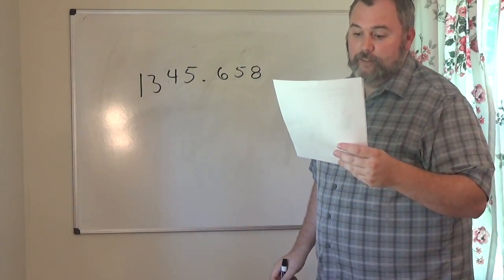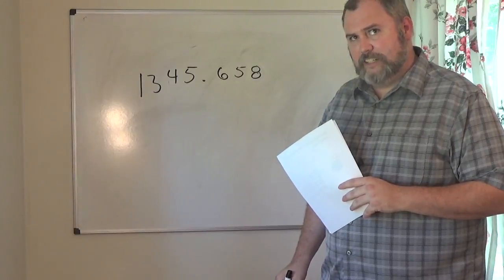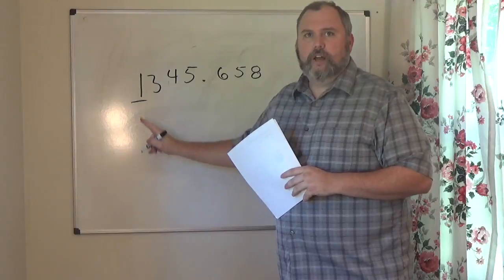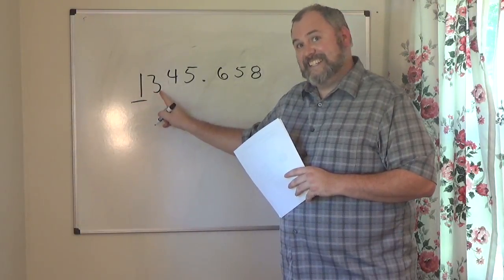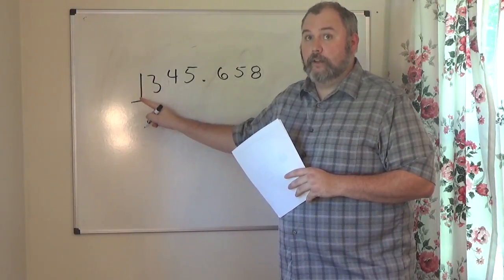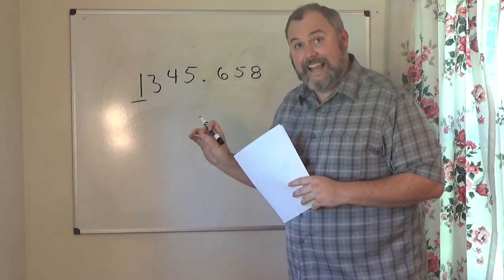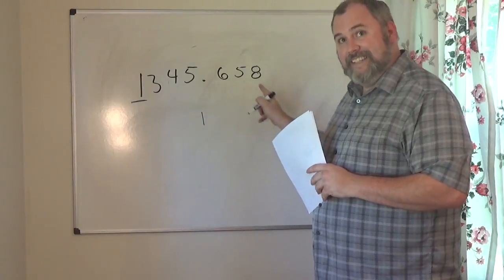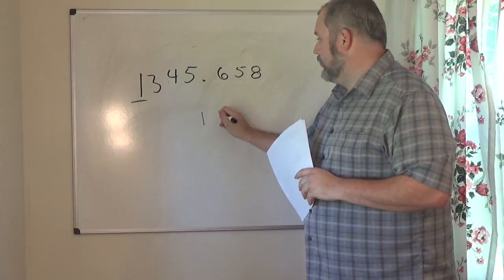Now, the last one states that it wants us to go to the thousandth position. Well, the thousandth position is right here. So I'm going to look to the right of it, which is this 3. This 3 tells that 1 to stay the same. So I'm going to put a 1 there. And all of these different digits become 0.